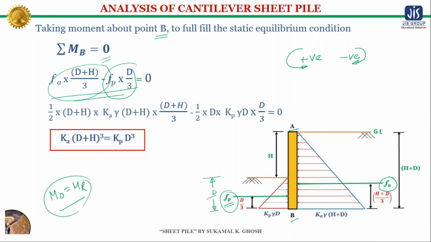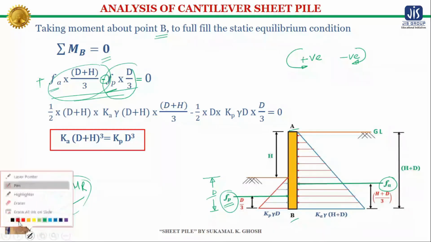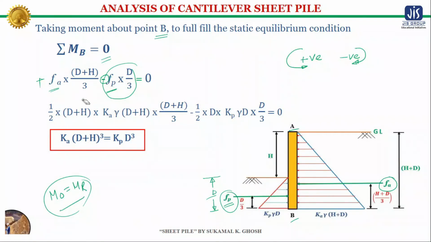Now since the moment produced by this Fa is anti-clockwise, we have taken it as positive. And since the moment produced by the Fp is clockwise, we have taken it as negative. Let me clear it so that you can understand it in a better way.